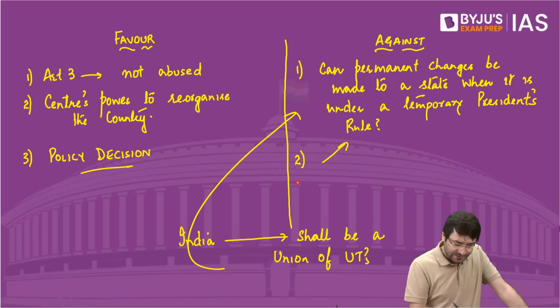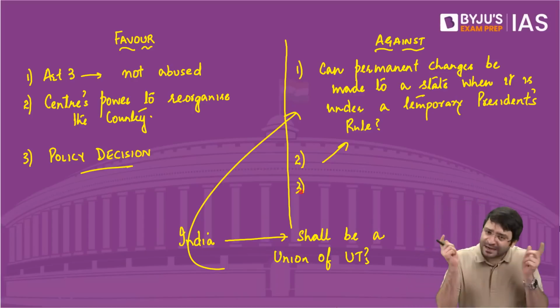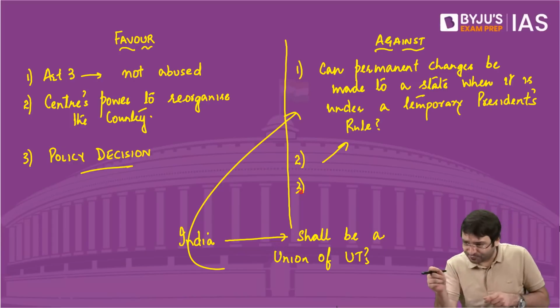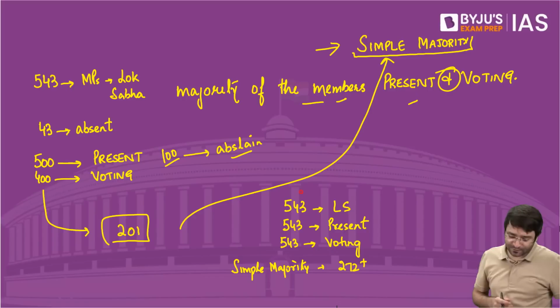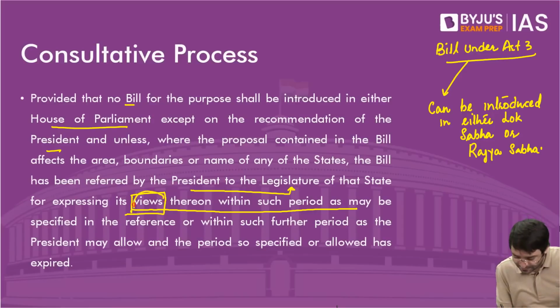The third argument is: is it mandatory for the president to seek the views of the legislative assembly? Because look at the wording of Article 3, consultative process for expressing views.